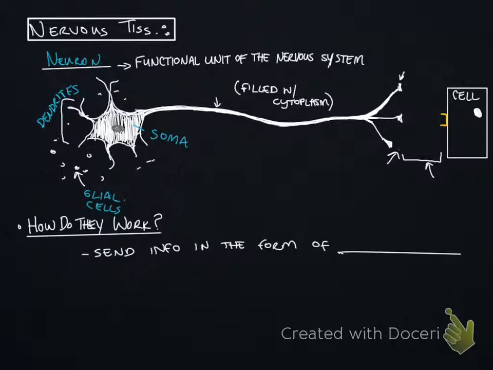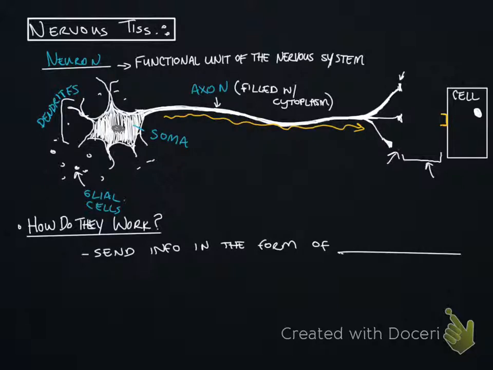Now the longest extension off of the cell body is called the axon. And it's not empty, it's actually filled with cytoplasm itself. And it is crucial for carrying the action potential down the neuron. Okay?